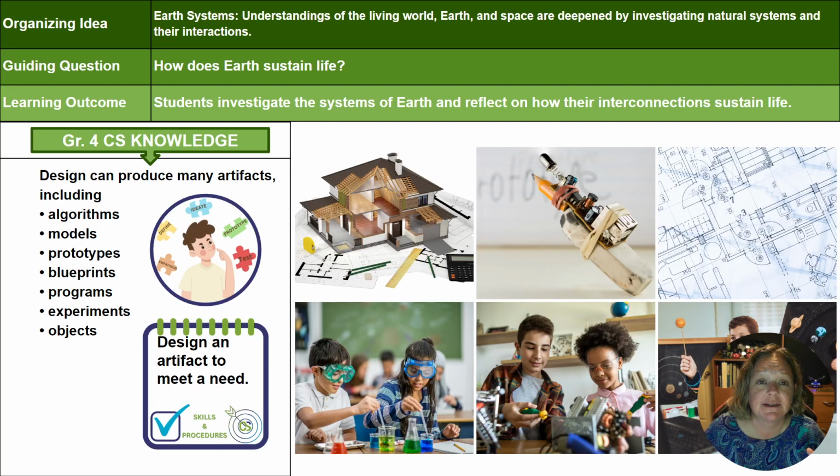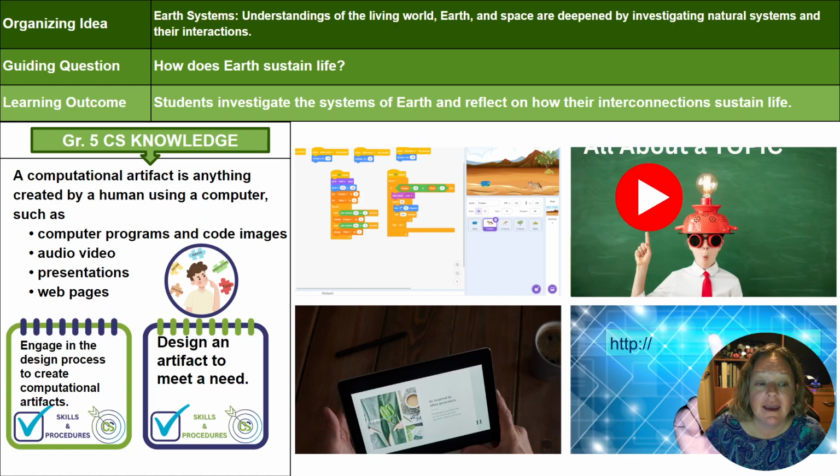pieces of computer science. In grade 4, students are asked first to create artifacts. Artifacts can be algorithms, models, prototypes, programs, experiments, objects, pretty much anything that students are designing, creating, building, and making. In grade 5, we continue to see that students are being asked to design an artifact.